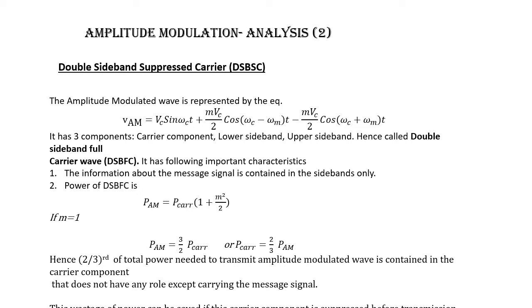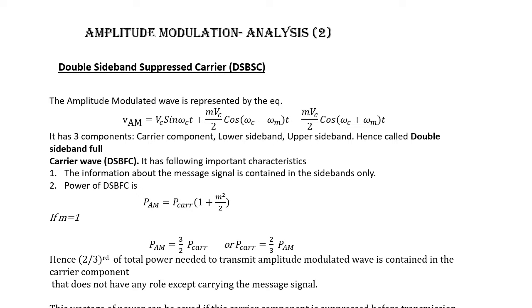In that version, we have the full carrier wave, and along with the full carrier wave there are two sidebands. One is the lower sideband and the other is the upper sideband.